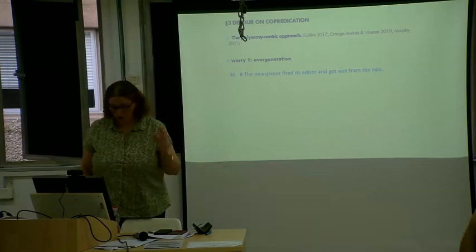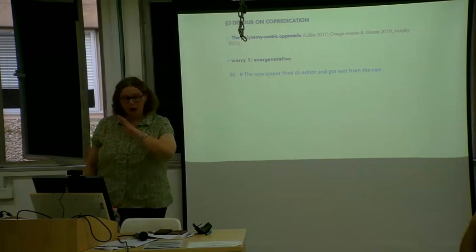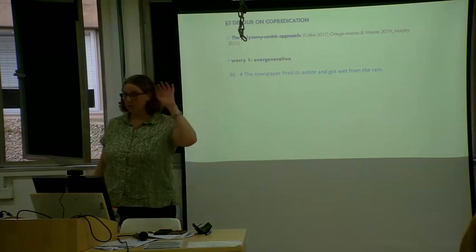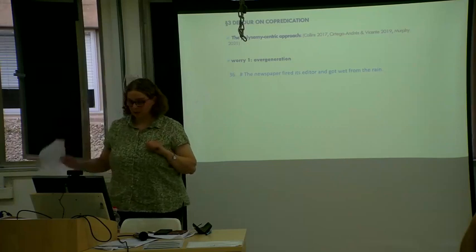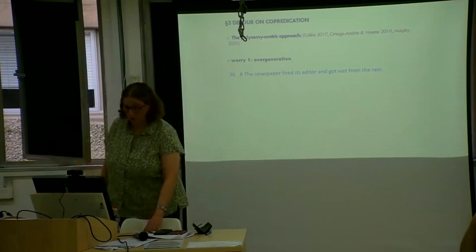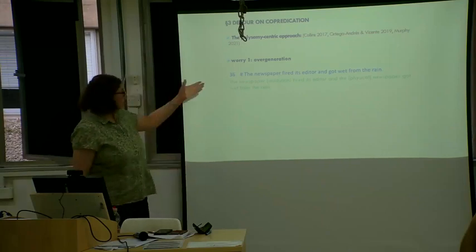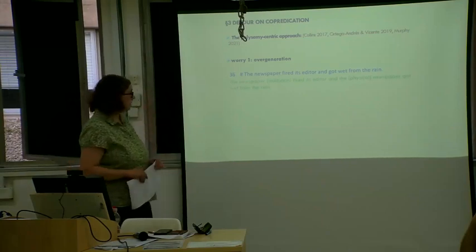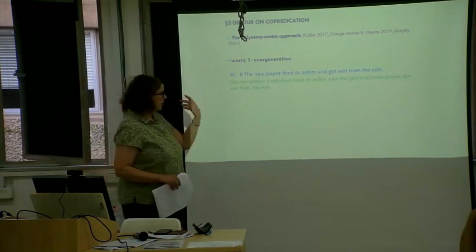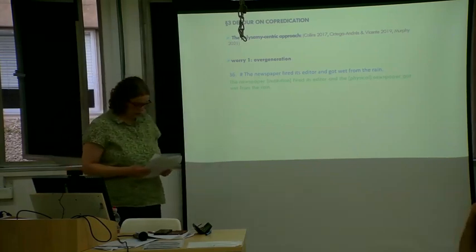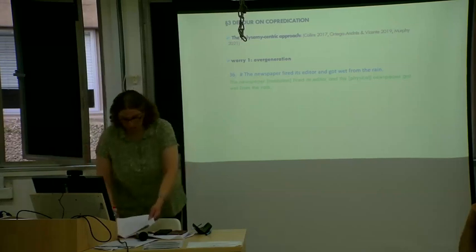That was confirmed to be infelicitous. Everyone in this literature agrees that newspaper is polysemous between this institution sense and this paper sense, but according to the polysemy-centric approach, this means that 36 should have been completely fine. We should be able to just straightforwardly read it as saying that the institution fired its editor and the newspaper got wet from the rain.